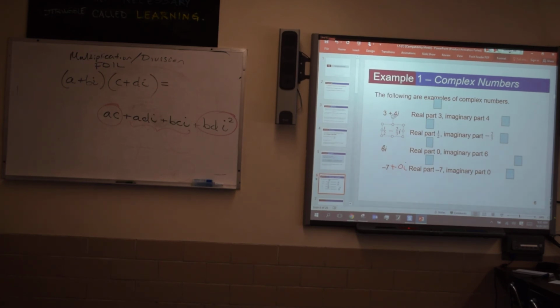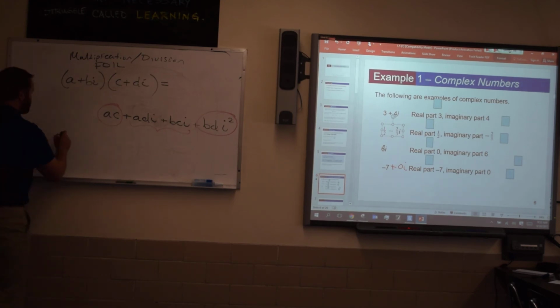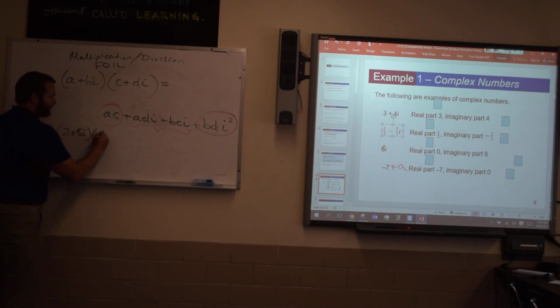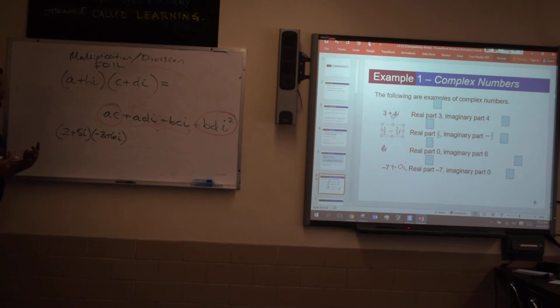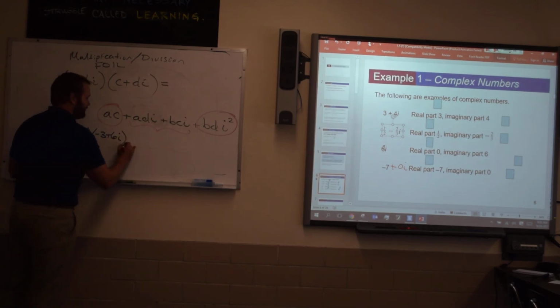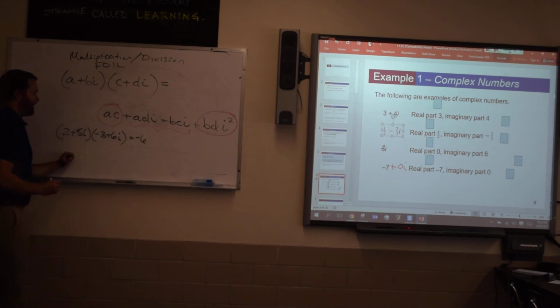Combine them. Okay? So that's kind of the goal here when we do a problem like 2 plus 5i times -3 plus 6i. Okay? FOIL, remember FOIL is just a distributive property multiple times. I'm going to take 2, I'm going to distribute to this stuff. So 2 times -3 gives me -6, right?